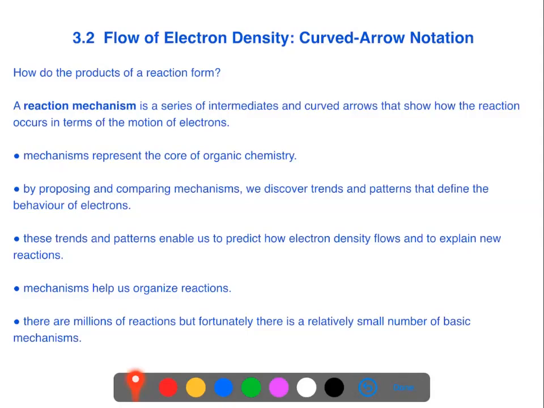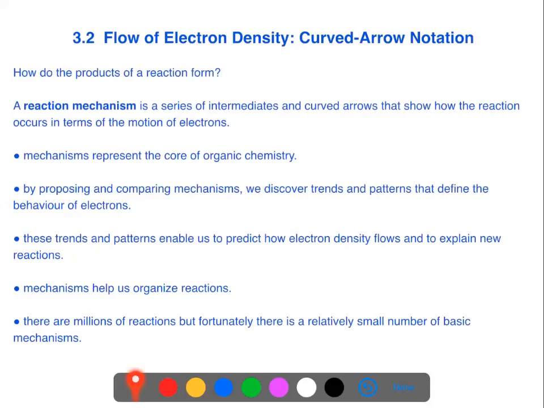And it's these trends and patterns that enable us to predict how electron density flows and to explain how new reactions and new products are formed and come about. So in many ways, reaction mechanisms help us to organize the literally thousands of reactions that can occur in synthetic labs and occur in nature.